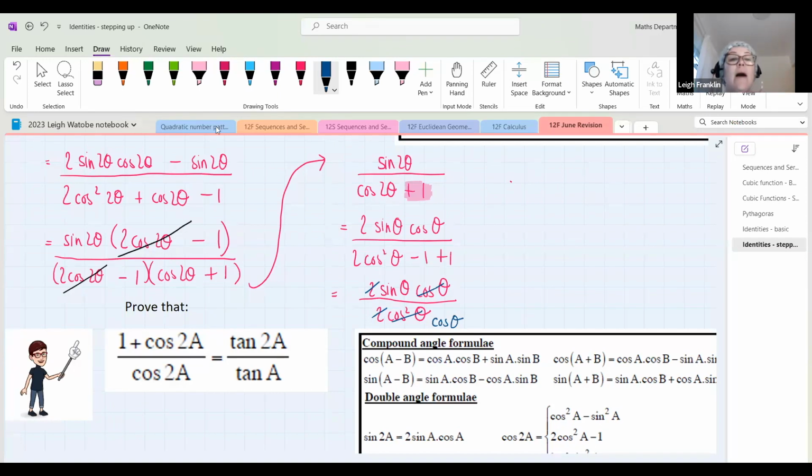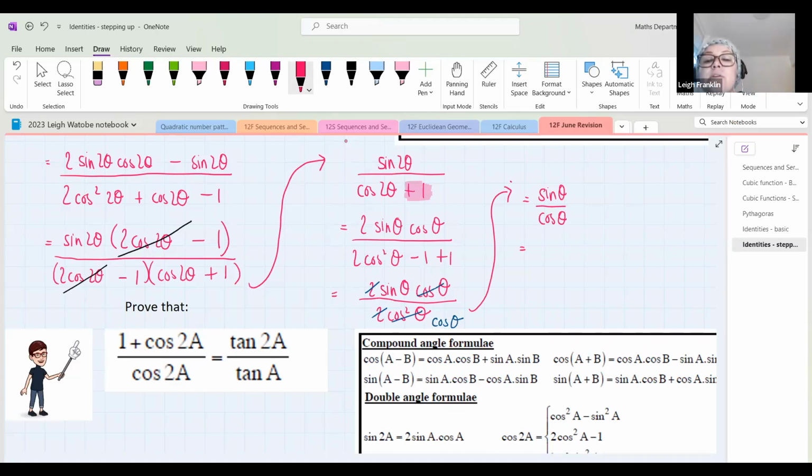Right, and now I'm nearly at my answer. So I'm sorry I'm doing this again. Right, what do I have left over at the top? I've got sine theta left over at the top. What do I have left over at the bottom? Cos theta. And now we can apply our tan identity.